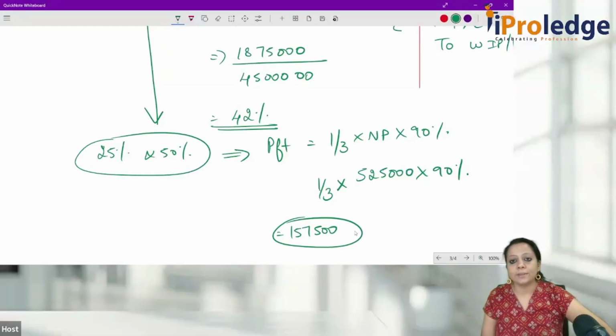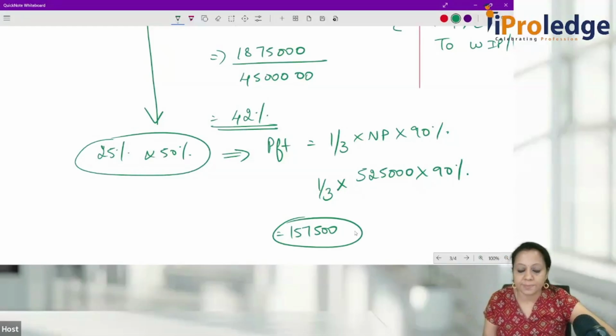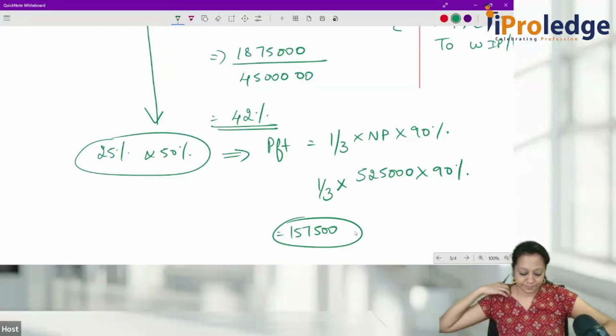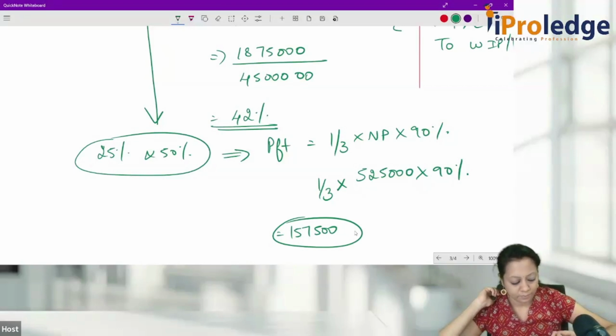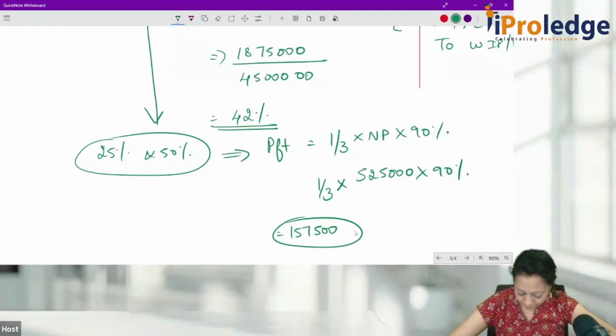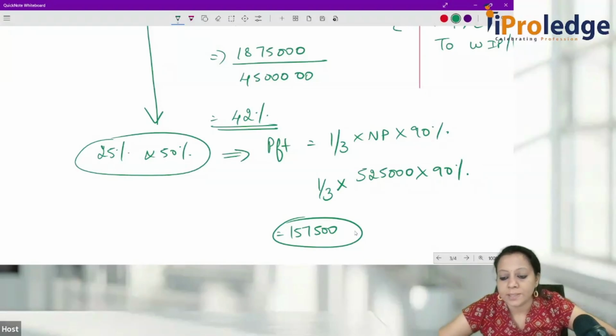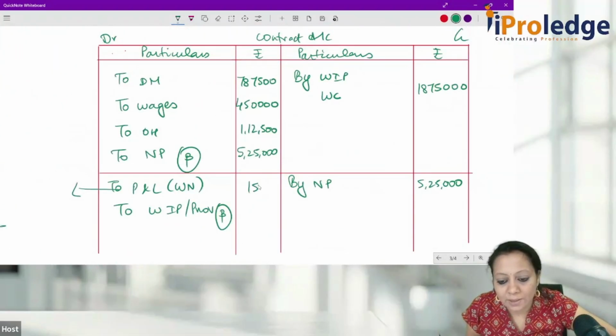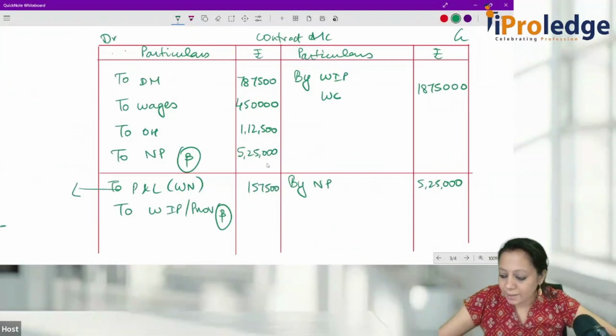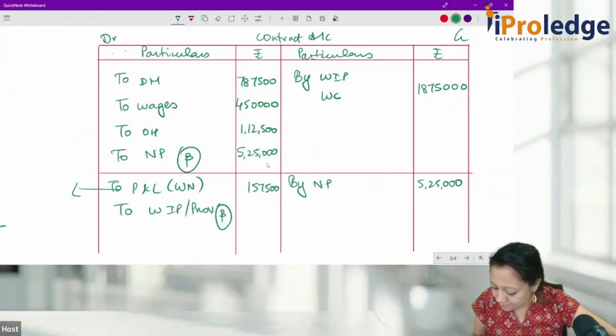So we will take this to the contract account, notional profit. As per the working note, it is 1 lakh 57,500. So 5 lakh 25,000 minus this, we get 3 lakh 67,500.